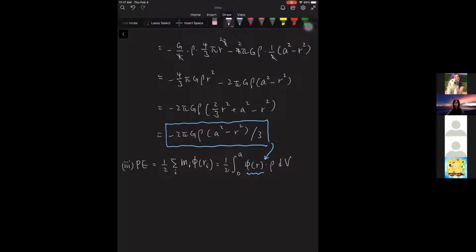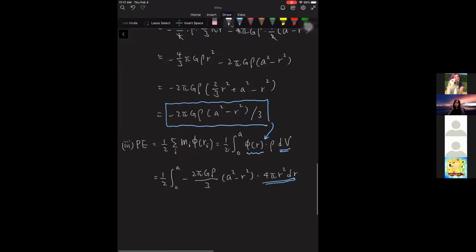Okay, so this will give us 1/2 integral from 0 to a of negative 2 pi g rho over 3 times a squared minus r squared, times, we know dv is 4 pi r squared dr. Okay, and this will give us, let's take out the constant.